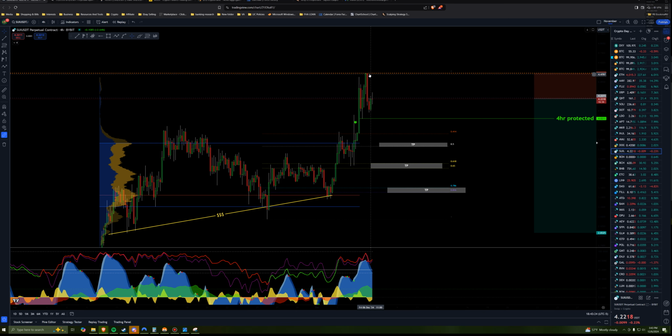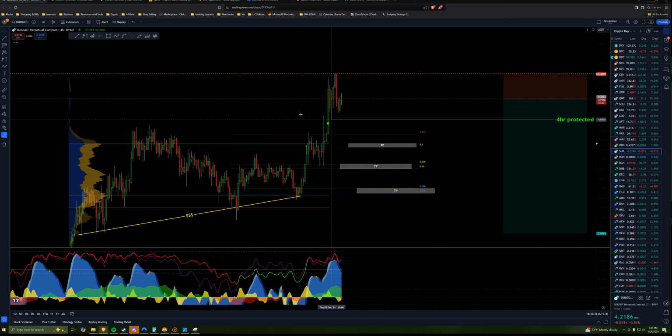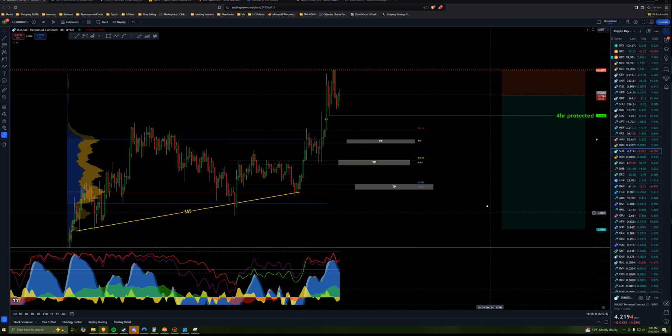So I'm definitely wary of, or cautious of, an SFP, or another leg up before we come down. Sort of 4 hour protected as far as market structure goes. So that'll be huge once we break that and start looking at these levels.